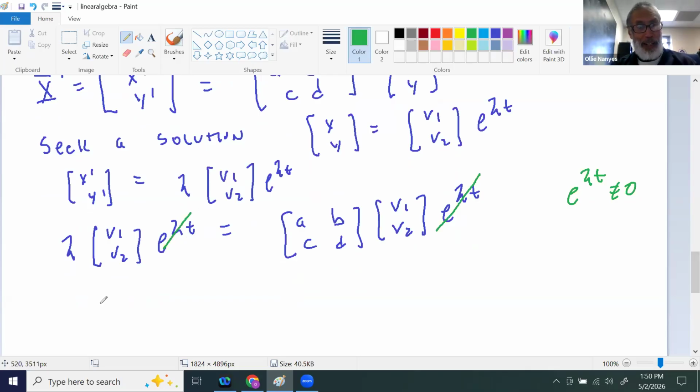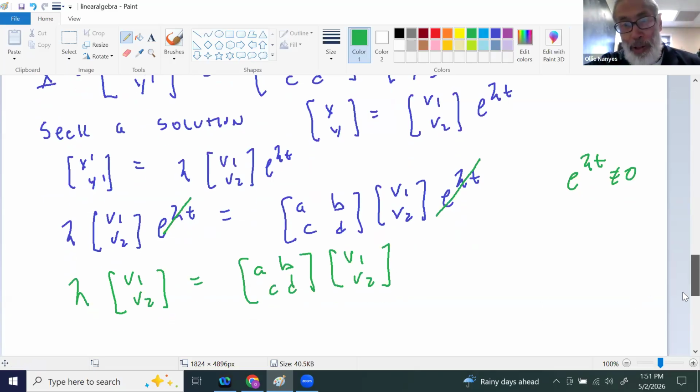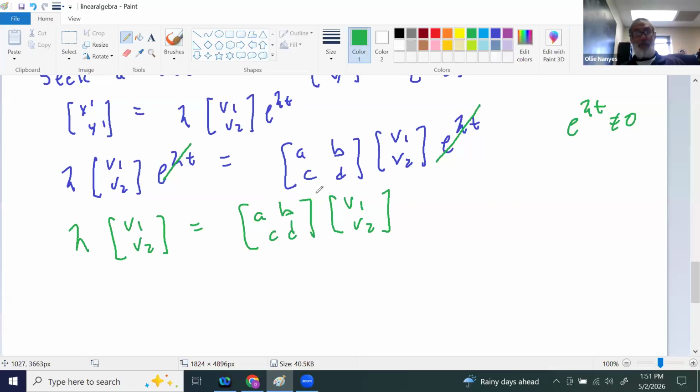You can do that. What we have is the algebraic equation: lambda times this vector is equal to this matrix times the same vector. In other words, this matrix times this vector is a multiple of itself.